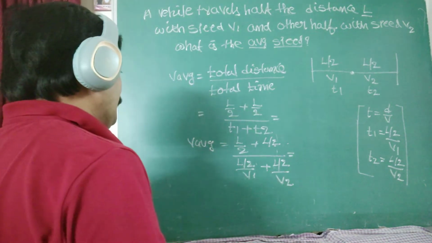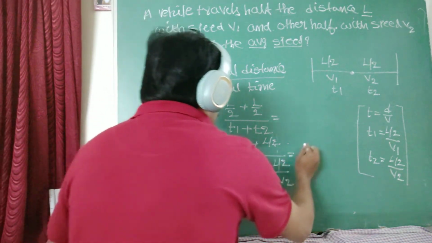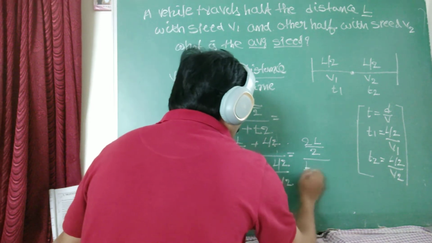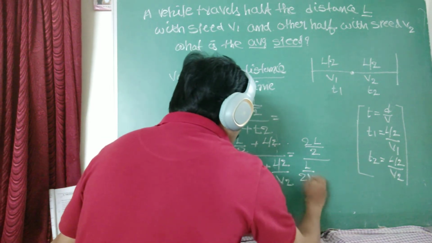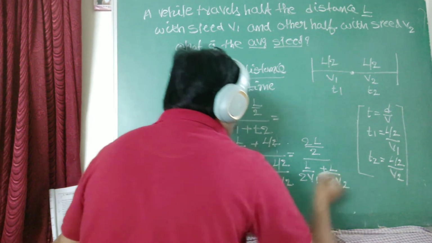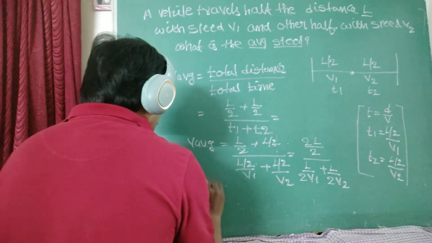Next step, take the LCM in the denominator: 2V1 and 2V2.